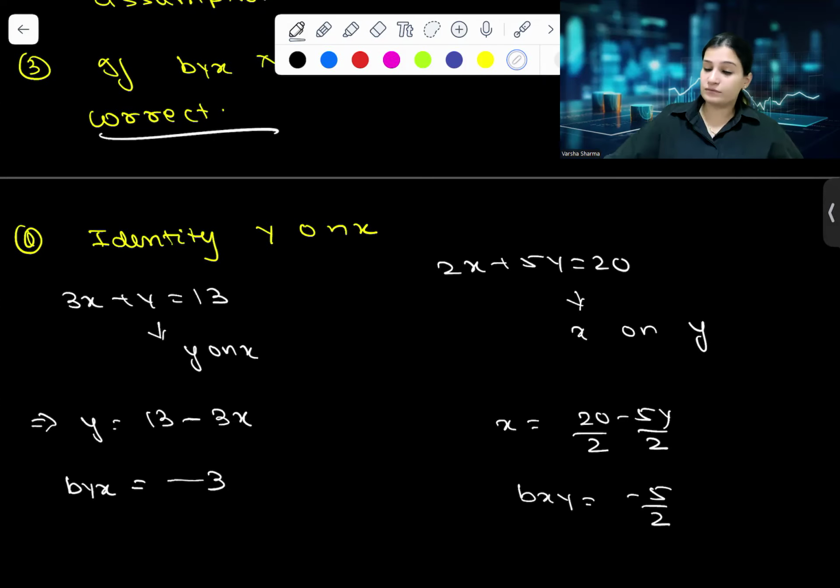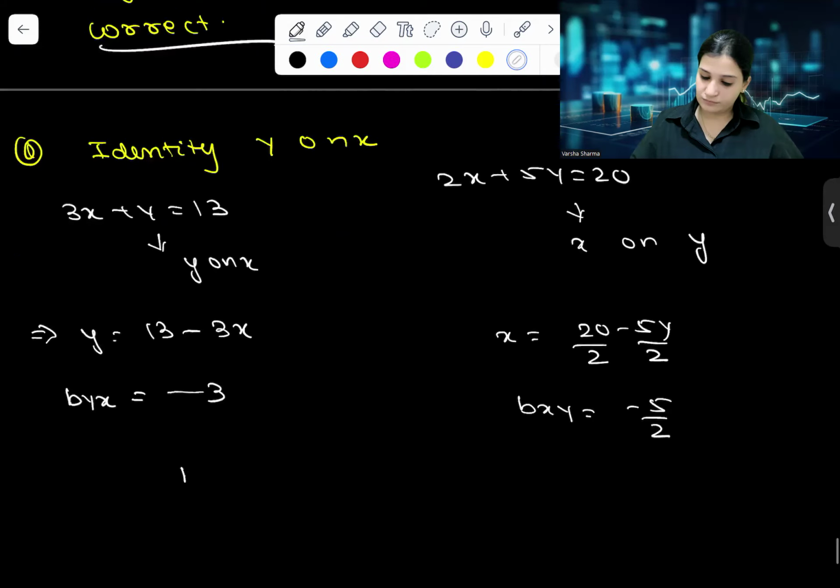Now what we will do? We'll find their product. Is it greater than 1 or lesser than 1? Greater. It is greater than 1.